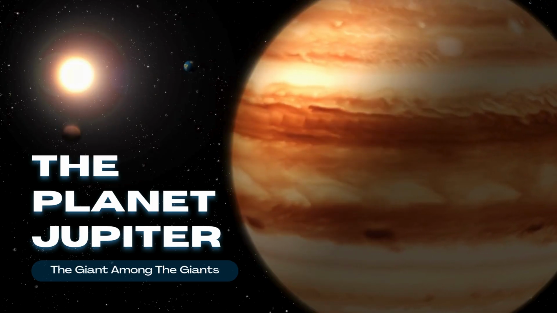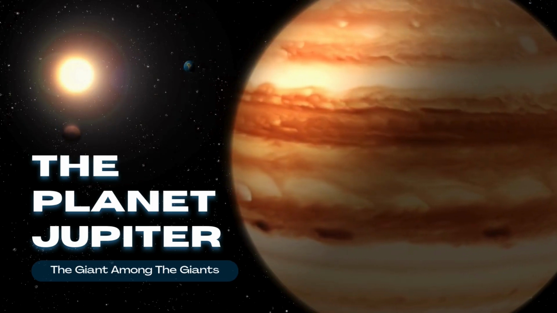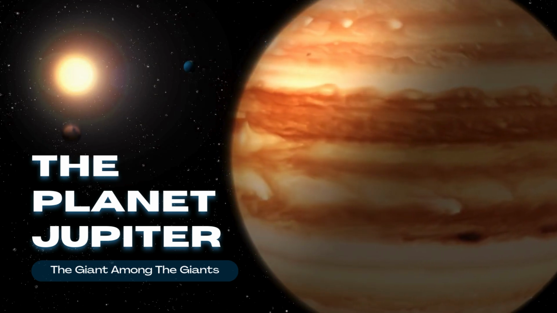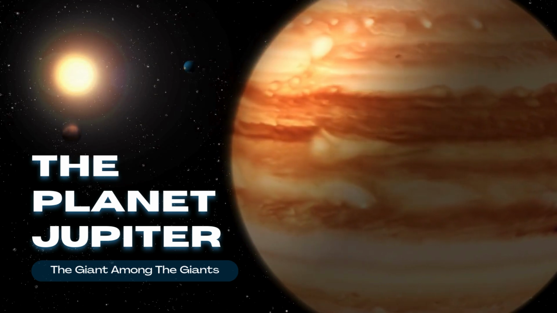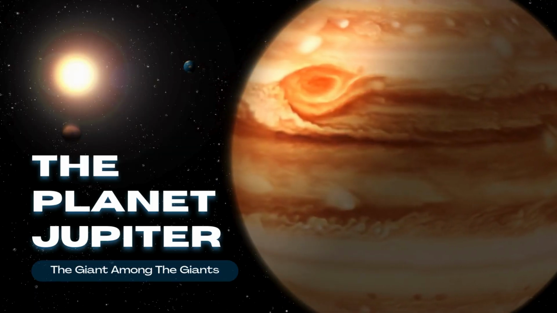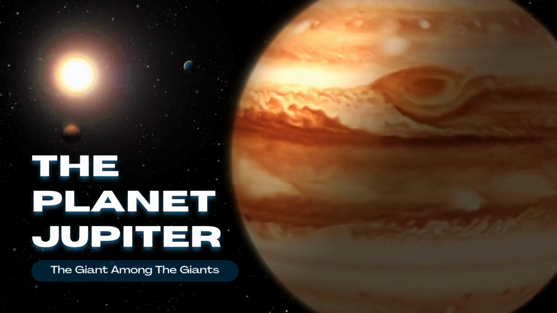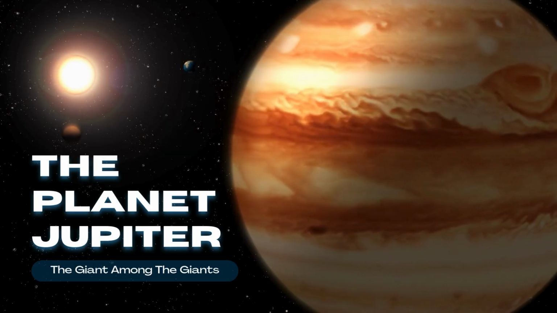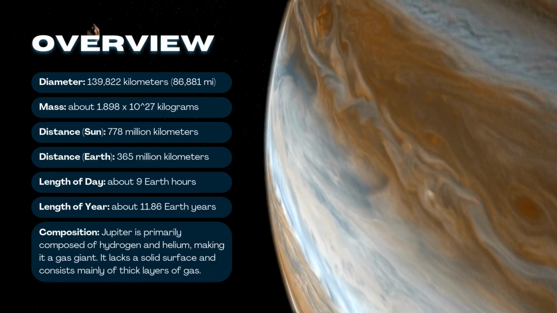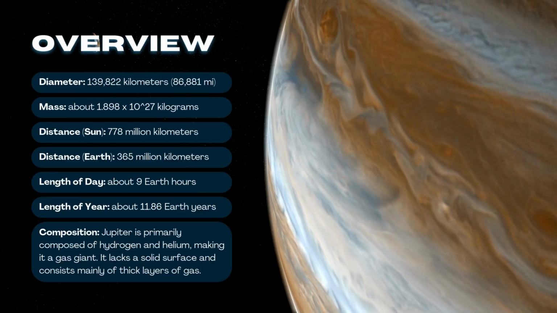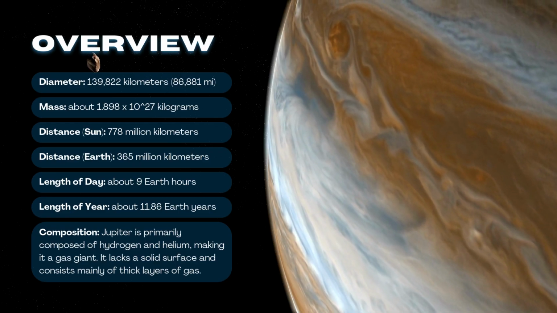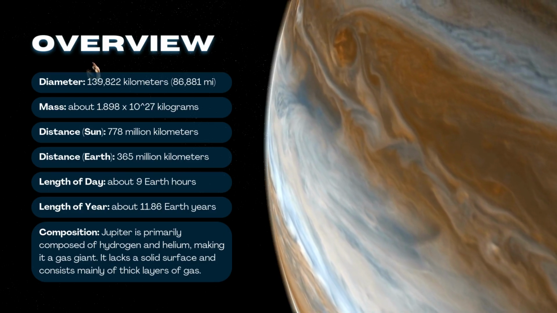The planet Jupiter. The giant among the giants. Overview. Diameter, 139,822 kilometers, 86,881 miles.